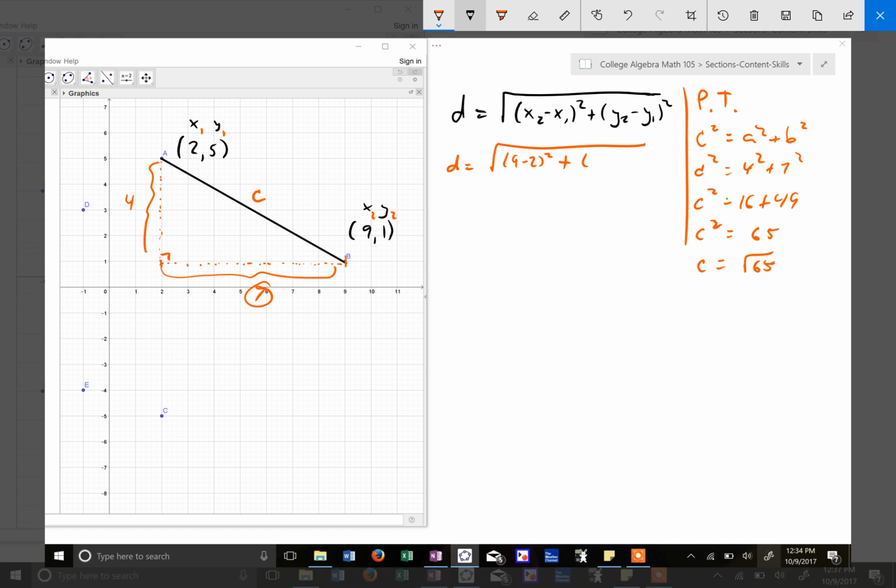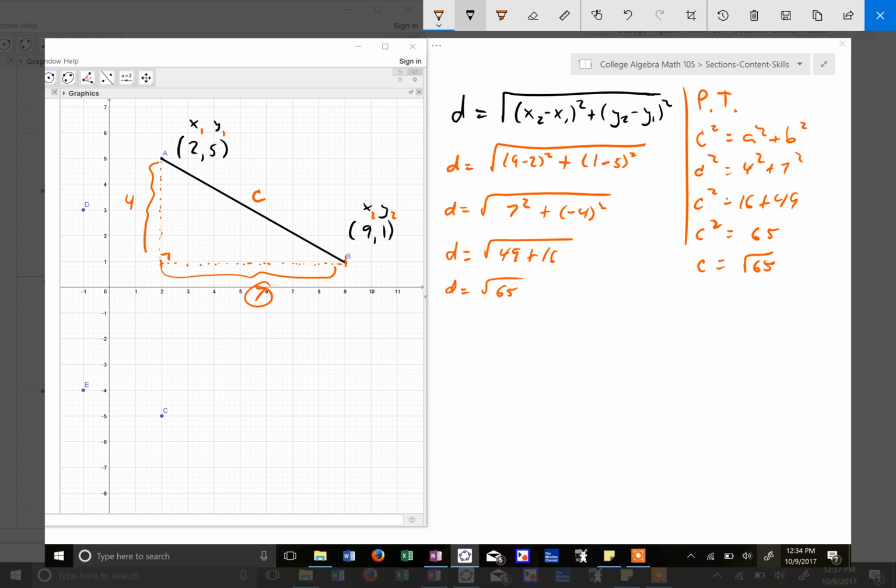And then y2, which is 1, minus y1, which is 5, quantity squared. And so when we do this, we get 7 squared plus negative 4 squared. Well, negative 4 squared is going to end up being a positive 16. So I get the square root of 49 plus 16, which is the square root of 65.